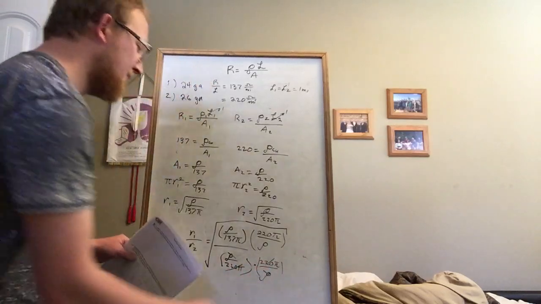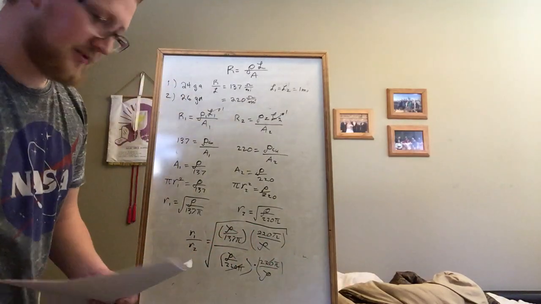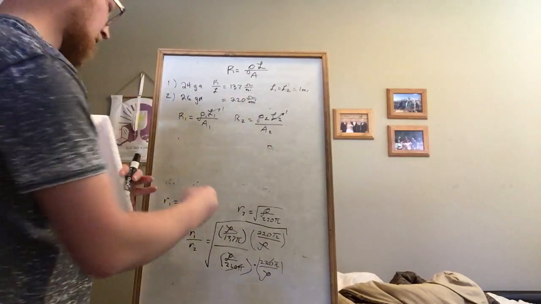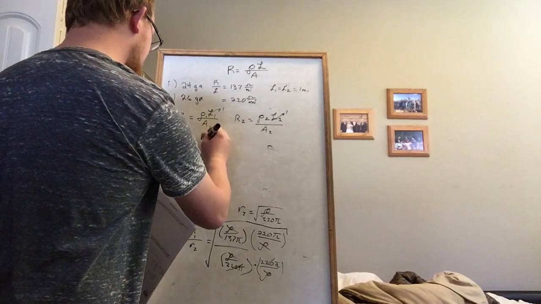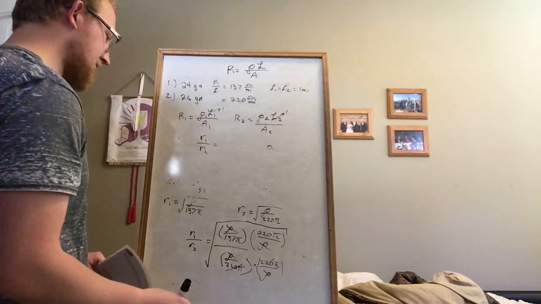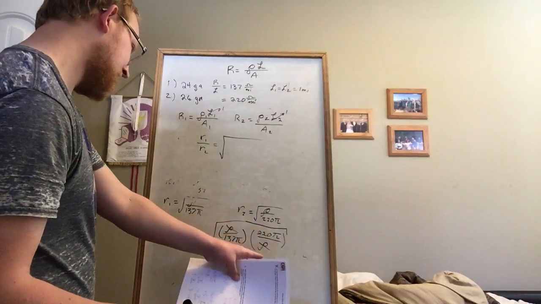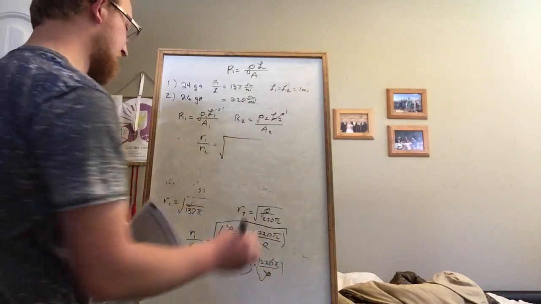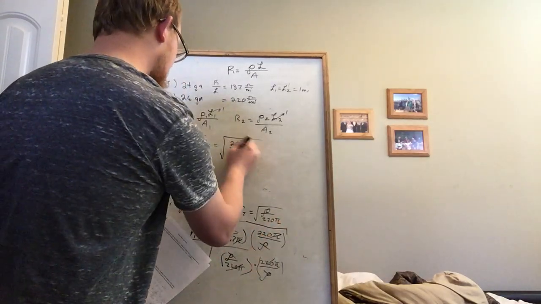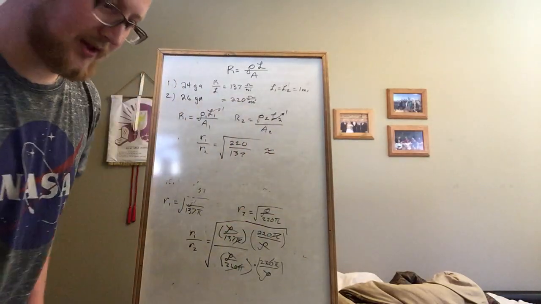The 220 pi's cancel. The rho's on the top cancel because they're both the resistivity of copper. What we're left with is that the ratio of the 24 gauge wire to the 26 gauge wire, which is R1 over R2, is equal to the square root of 220 pi over 137 pi. The pi's cancel. So 220 over 137. And that's our ratio, so let's plug it in.